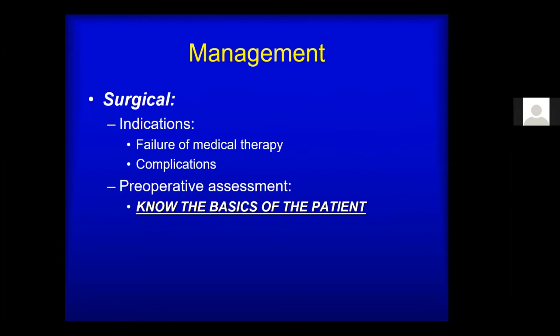So what are the surgical management options for gastroesophageal reflux disease? The surgical indication is failure of medical therapy or complications. Complications, we do understand. The problem is the failure of medical therapy, and this is something difficult to predict.